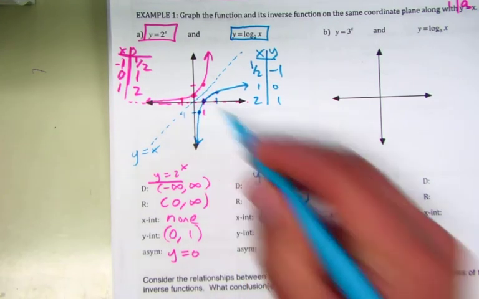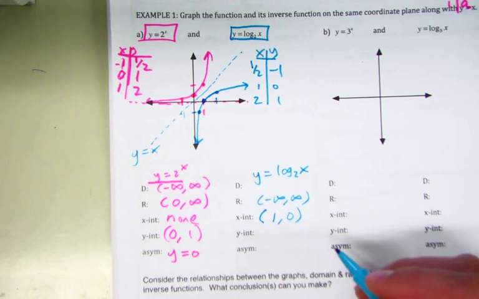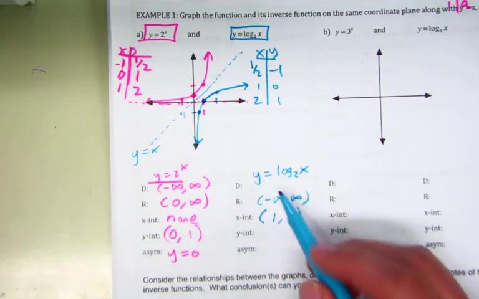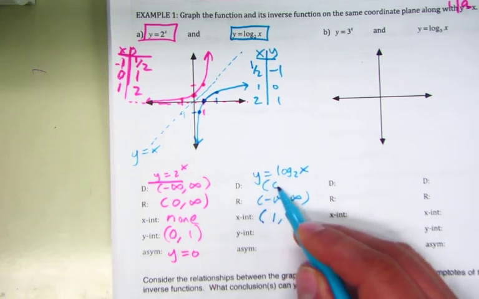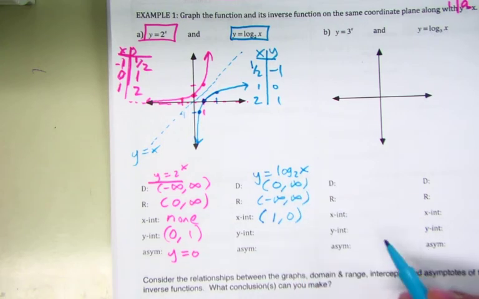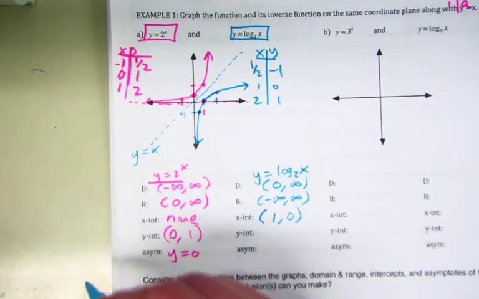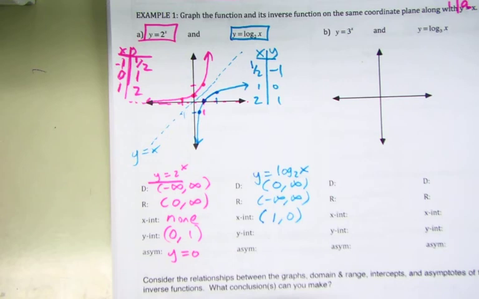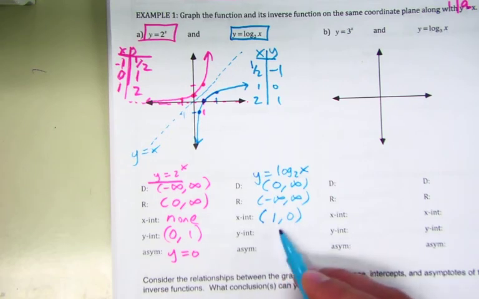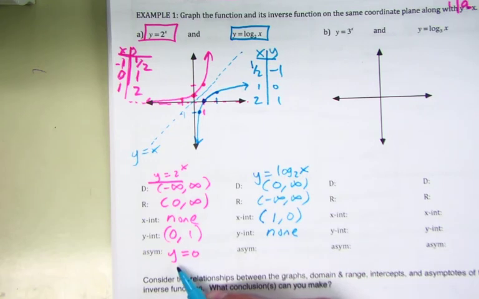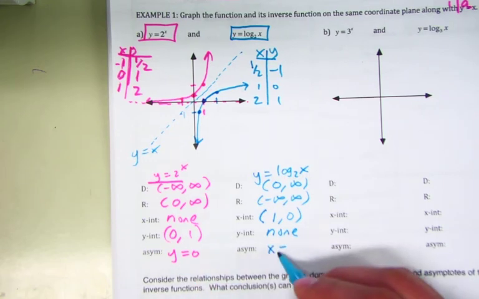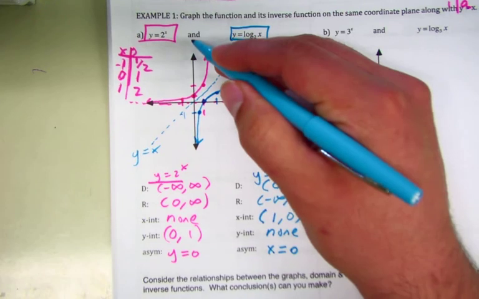The y-intercept becomes the x-intercept for the log graph. And I forgot to fill in the domain. The domain is 0 to infinity, which used to be the range, right? Y-intercept now is none. And instead of y equals 0, our vertical asymptote is x equals 0.